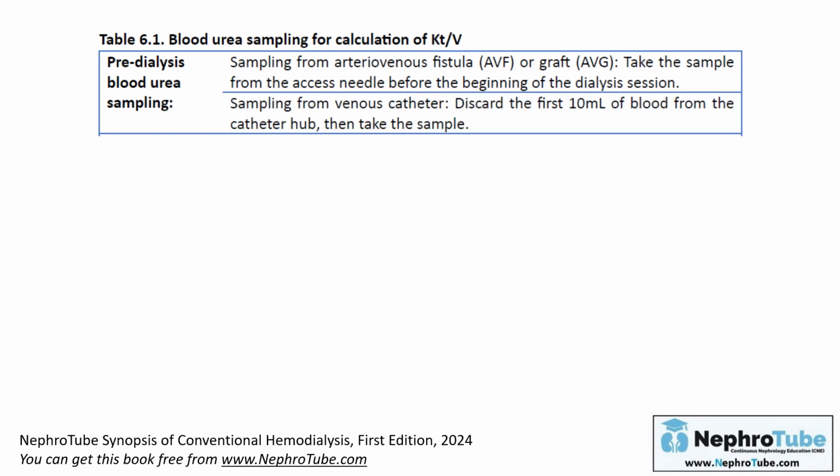If the patient is using a catheter for hemodialysis, a venous catheter, discard the first 10 ml of blood from the catheter hub, then take the sample.